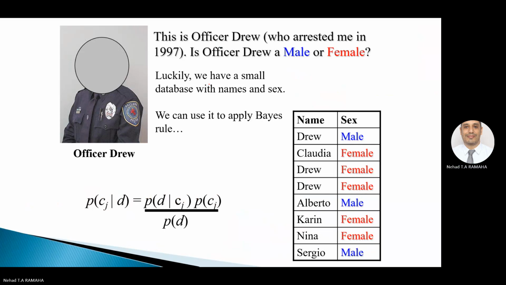This is the officer, Tru, who arrested you, not me, in 1997. Maybe for driving fast or something. In 1997, where had I been?